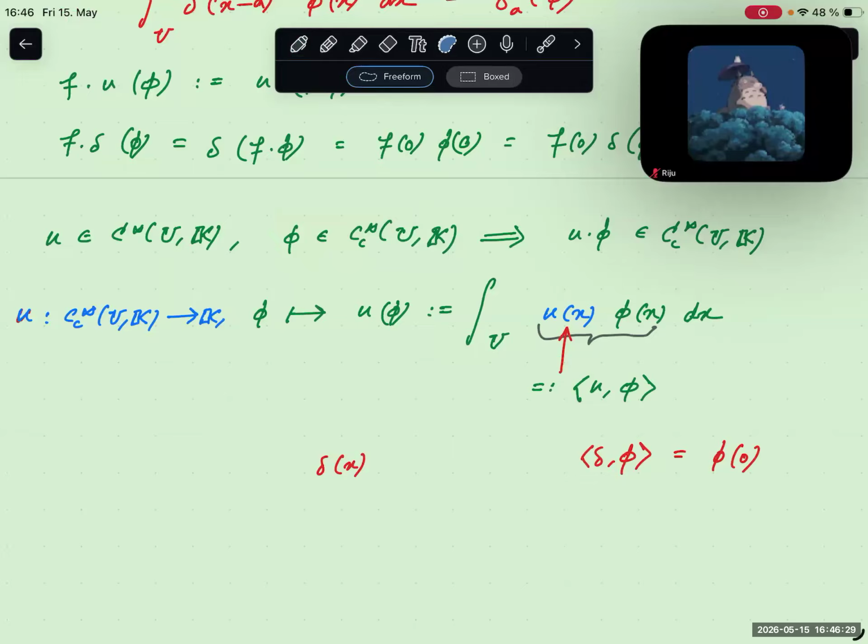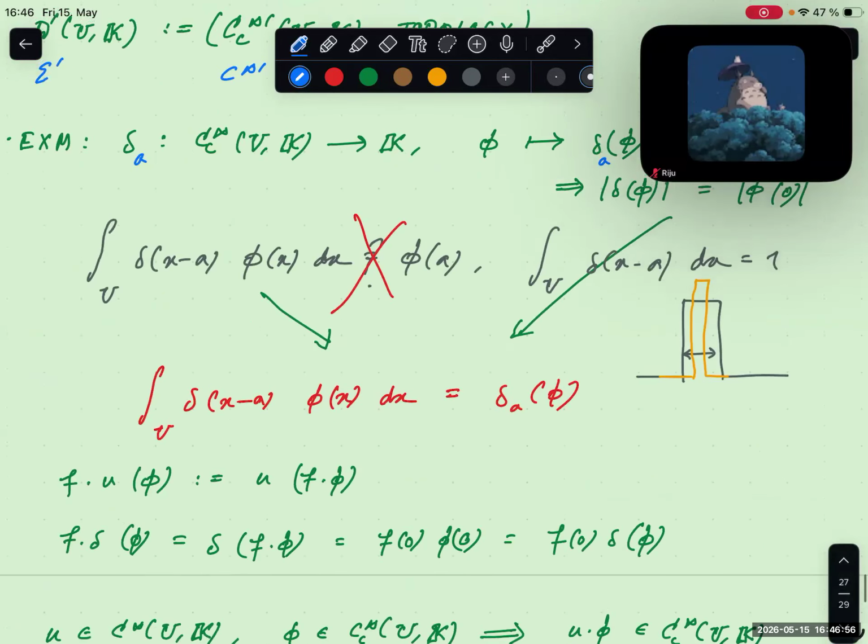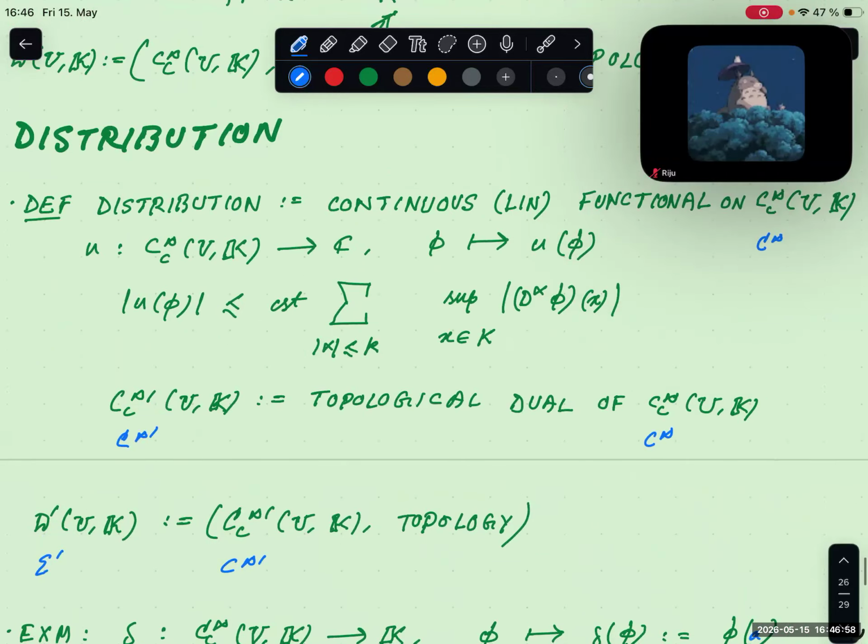Is it clear now that U is also a distribution? Then you can just check that you satisfy these two properties.